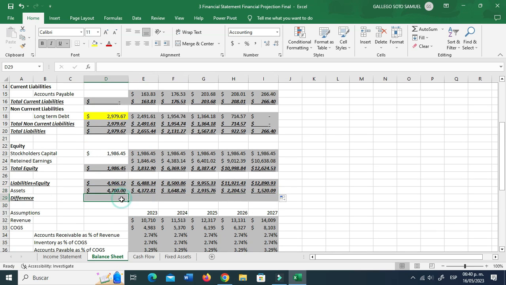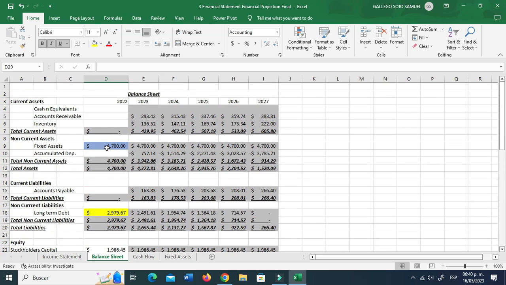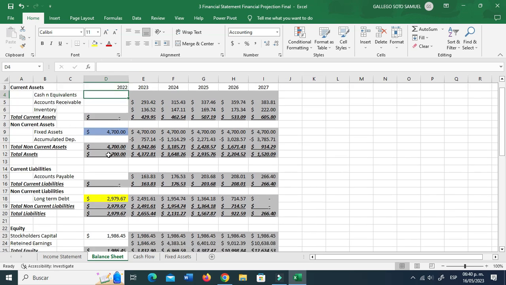All right, but you know, we can set this up because, okay, so we got this certain amount of money, and since part of it went to the fixed assets, the rest is gonna be in cash, right?